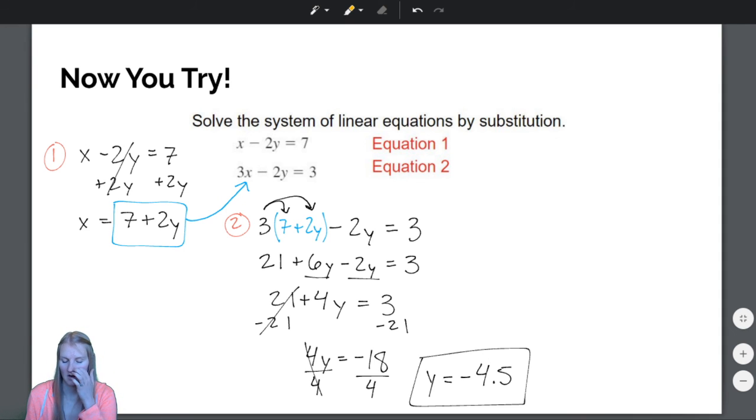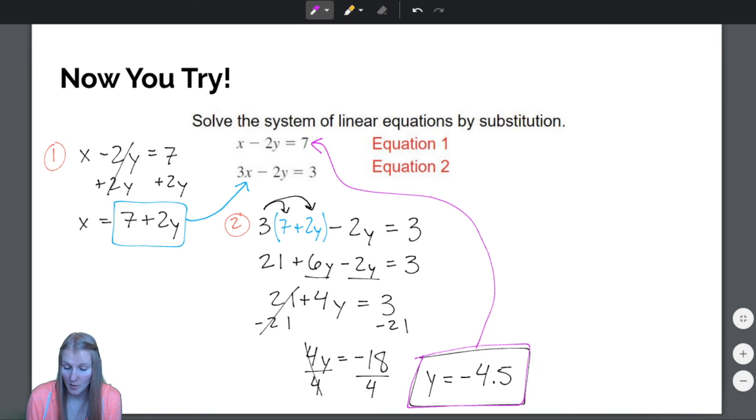Okay. All right. Now, what I'm going to do with this, I'm going to start step 3. I'm going to take what I got for y, and I'm going to plug it back in to one of the original equations. Personally, it looks like equation 1 is going to be easiest because x is already by itself.